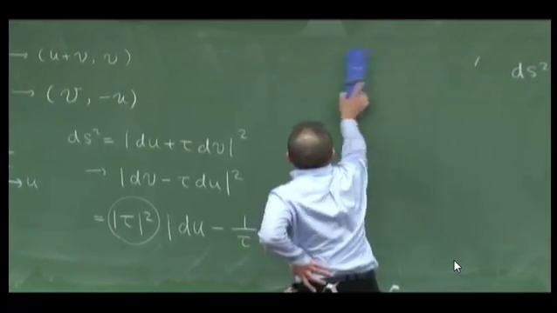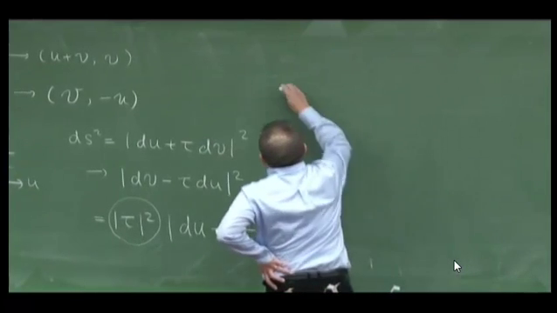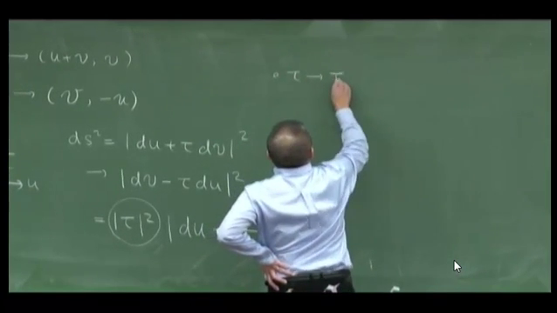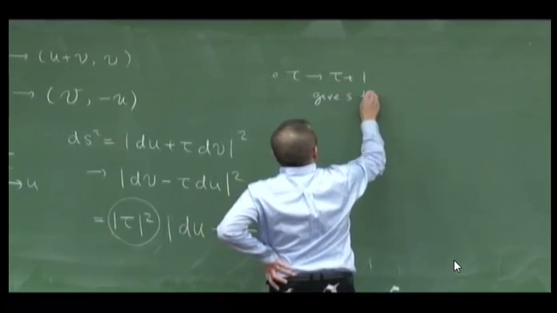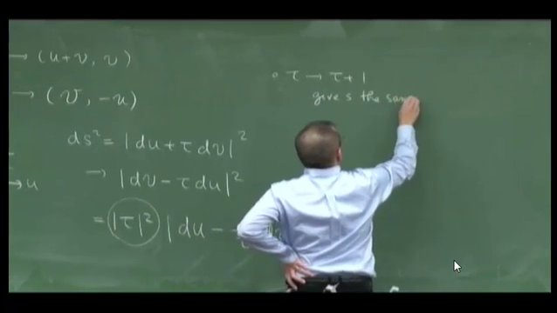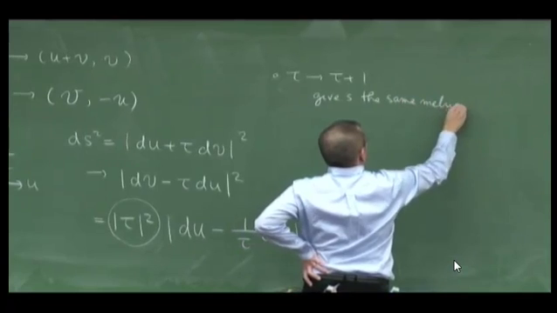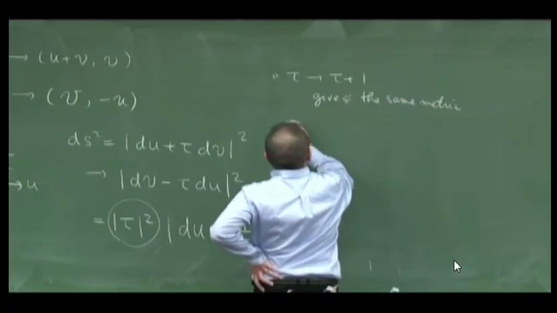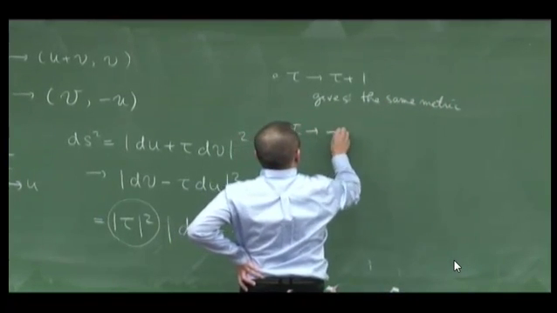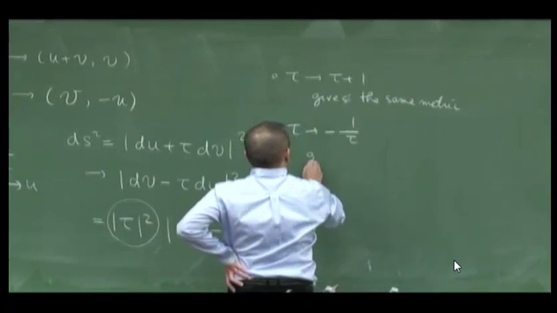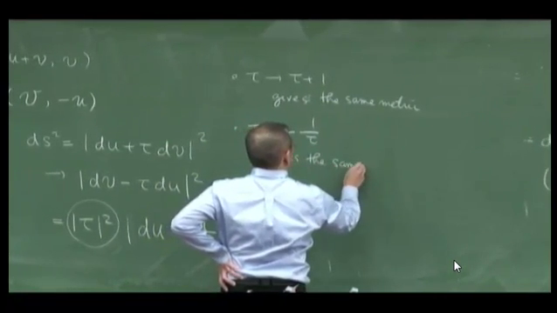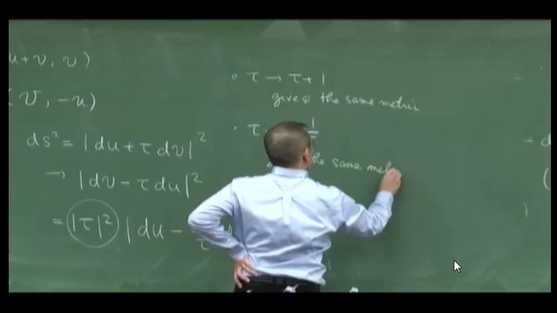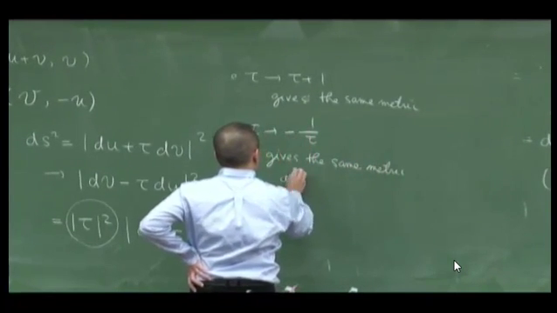So here is a statement. Tau goes to tau plus 1 gives the same metric. Tau goes to minus 1 over tau gives the same metric after rescaling.